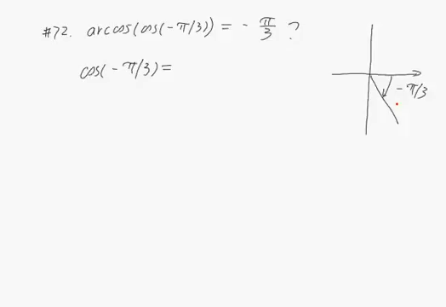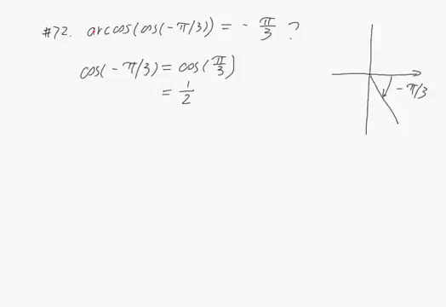It's the angle formed by this terminal side and the positive x-axis. So this is equal to cosine of pi over 3, up to a sign. Then what is the sign of cosine in quadrant 4? Positive or negative? Positive, right? So that's why it's just equal to cosine of pi over 3. And what is the cosine of pi over 3? 1/2, right? 1/2.